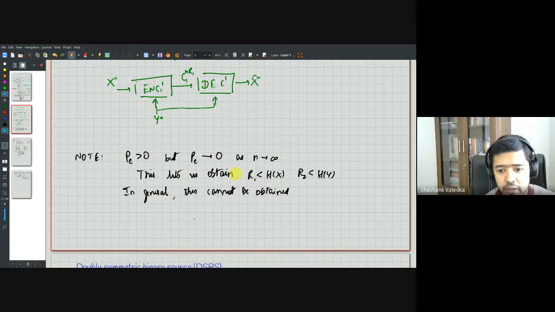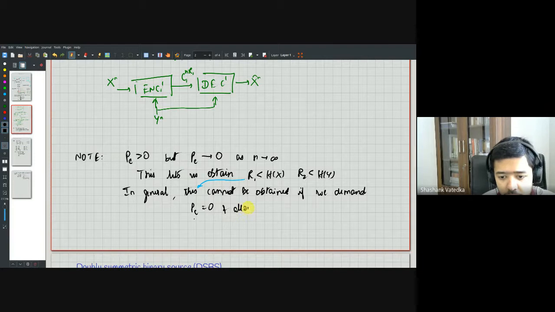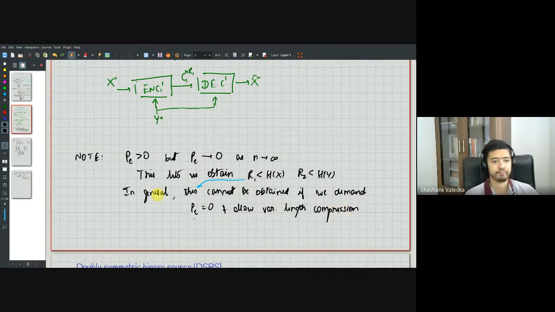So by this I mean that R1 less than or equal to H of X and R2 less than H of Y cannot be obtained if we demand that the probability of error is strictly equal to 0 and allow variable length compression. Okay, and this is an important point to note.